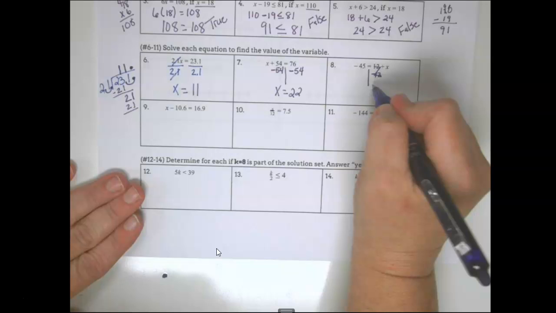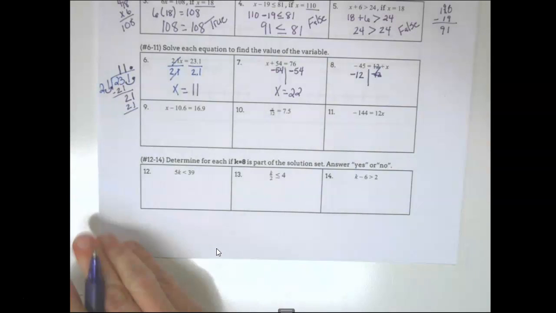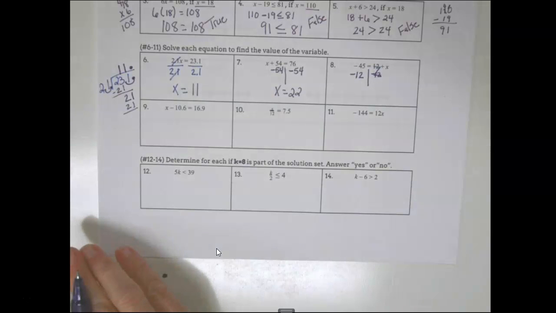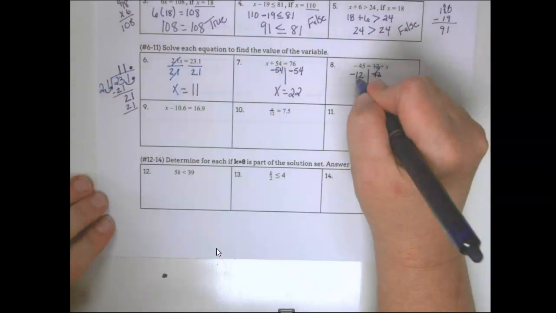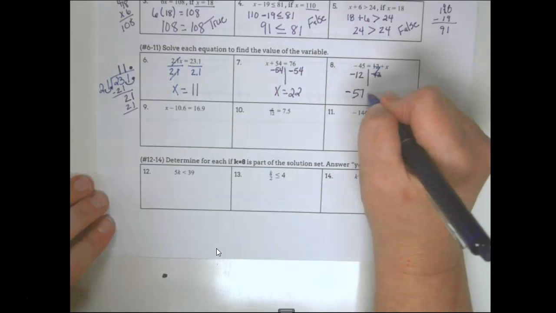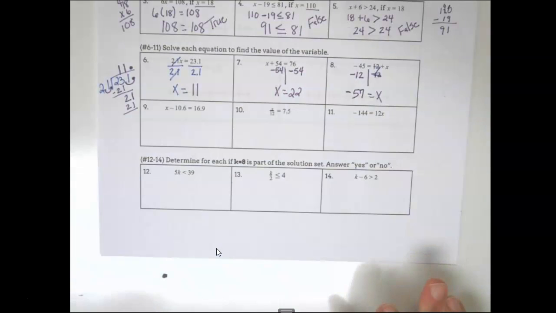If I add a negative 12 to this side, I add a negative 12 to this side. 45 plus negative 12. 5 plus 2 is 7. 4 plus 1 is 5. They're both negative, so it stays a negative. x equals negative 57.